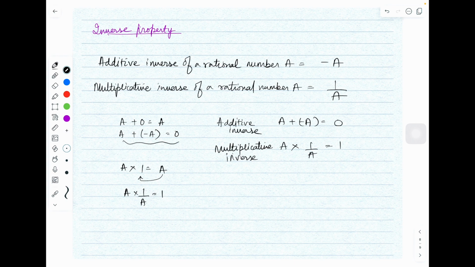Example, 2 plus minus 2 equals to 0. 2 into 1 by 2 equals to 1. So these are the 6 types of properties that we learned.